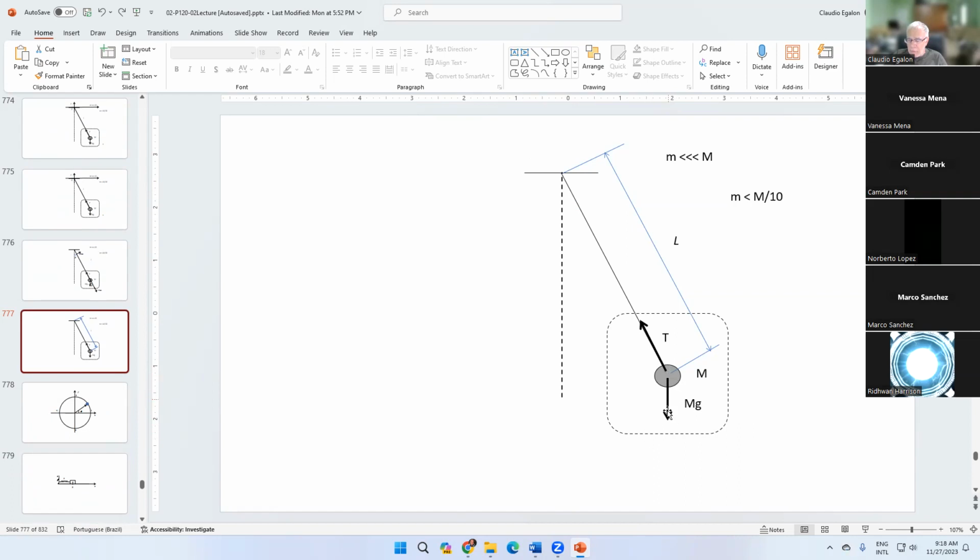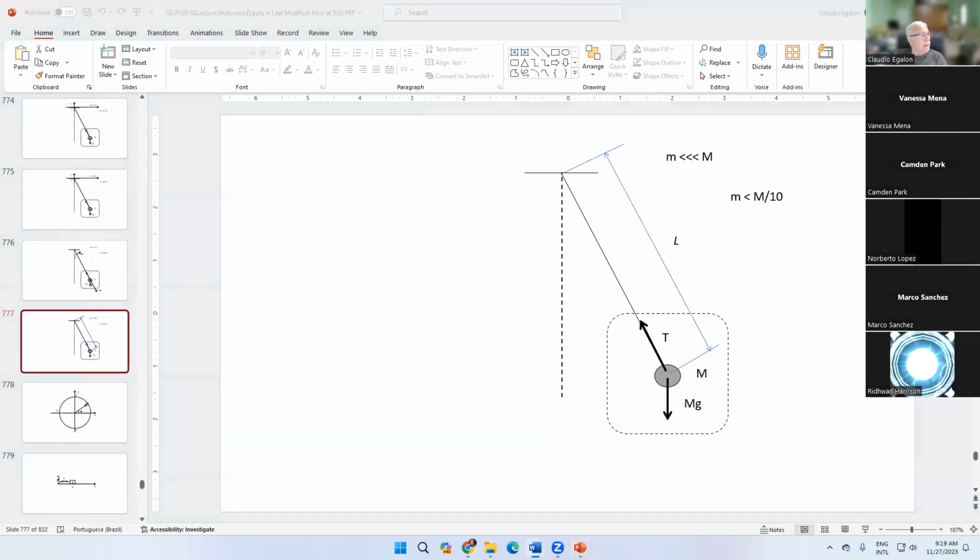The tension does not apply a torque because it is collinear with the position vector. So the only force applying a torque is this mg.